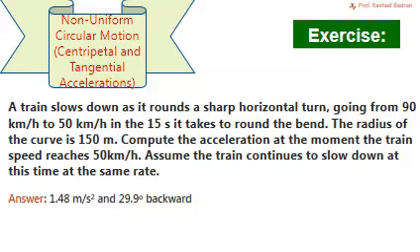Determine the acceleration at the moment that the train reaches the speed of 50 kilometers per hour. You are given an assumption that the train slows down at this moment at the same rate. An answer is given for the acceleration of 1.48 meters per second squared, at an angle of 29.9 degrees backwards.